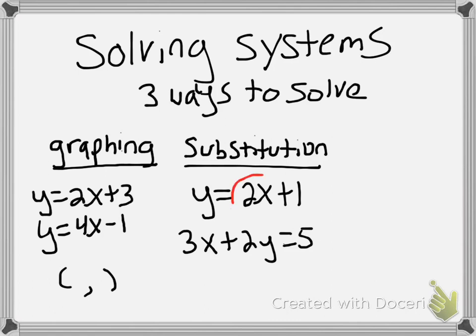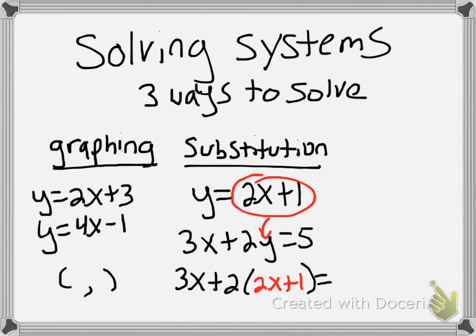Since y is equal to 2x plus 1, we would substitute that into the other equation, which would look like 3x plus 2 times, and now instead of y, we would put that 2x plus 1, and that would equal 5. So then we would solve for x and then plug it back in to get our y value. So those are the two ways that we've looked at so far.